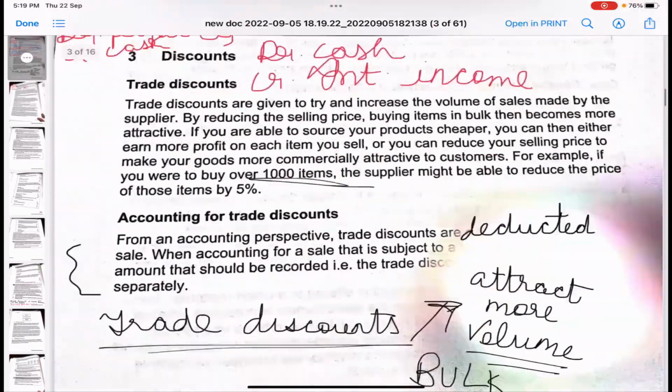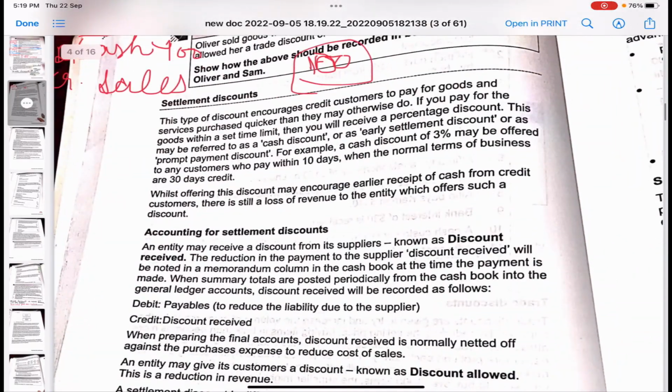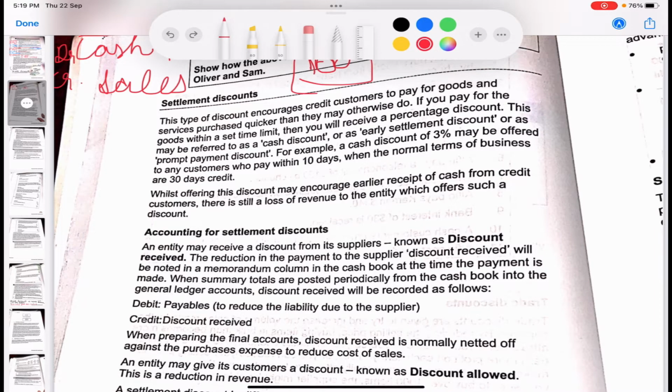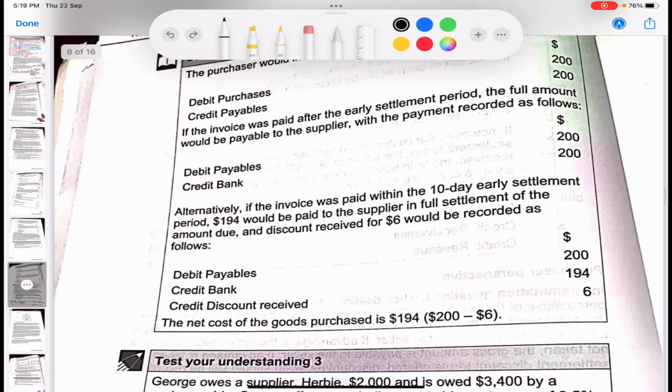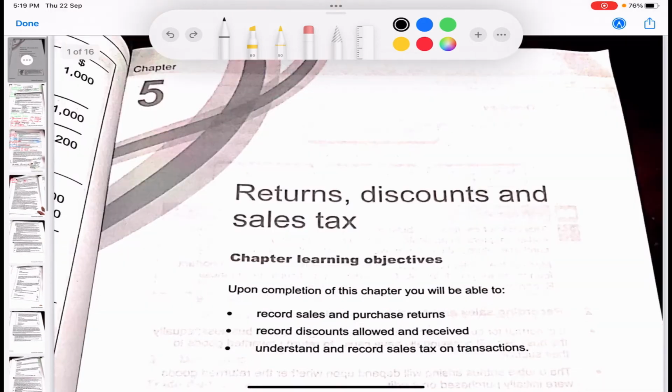Okay. So now we have what is known as settlement discount. Before we begin with this, I need you all to understand that settlement discount is also known as the cash discount. So when it comes to settlement discount, you need to know that there are two types of discounts.